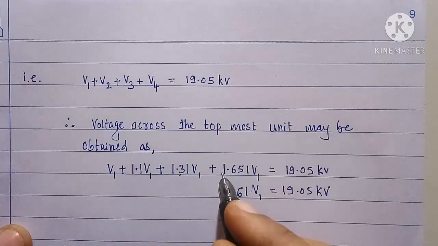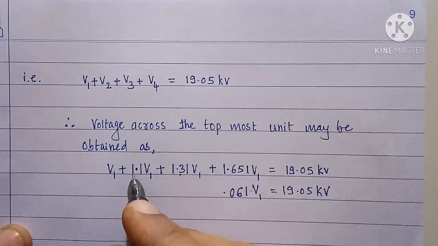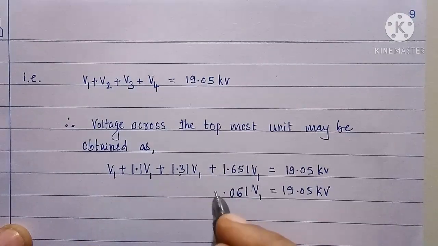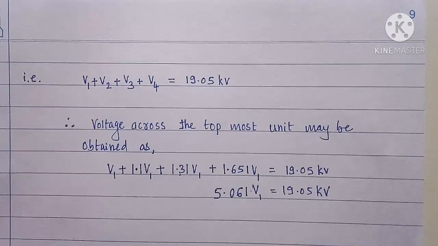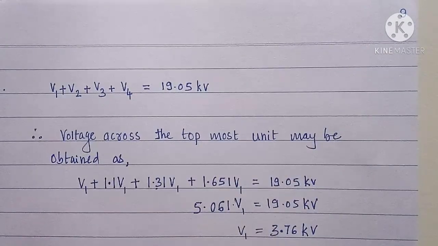Carry 1. 2, 3, 4 plus 1, 5. 5.061 V1. Dividing 19.05 by 5.061, we get V1 equal to 3.76 kV.